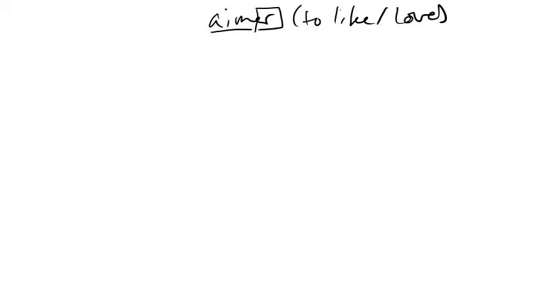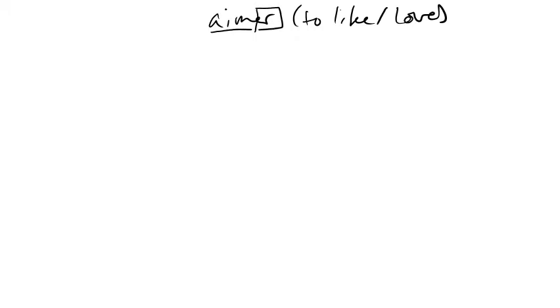Now next, let's talk about another common ER verb that you're going to end up using an awful lot, and that is aimer, which is to like or to love. Now this one comes in very handy because we use it all the time, and it also allows us to practice something very important, which is what we do when we have vowels at the beginning of words. So in this case, A-I-M is our root, and the ER is the part that we're going to be replacing.